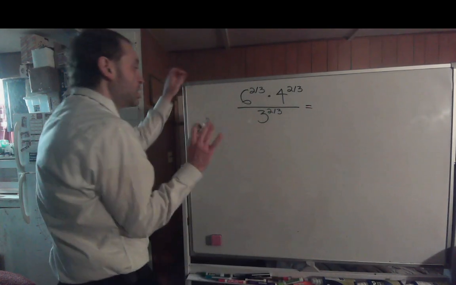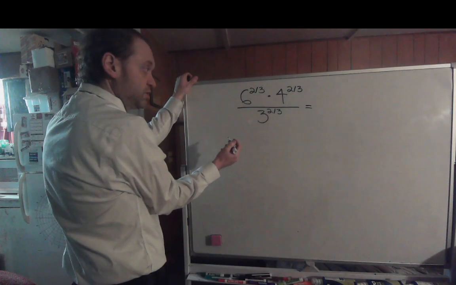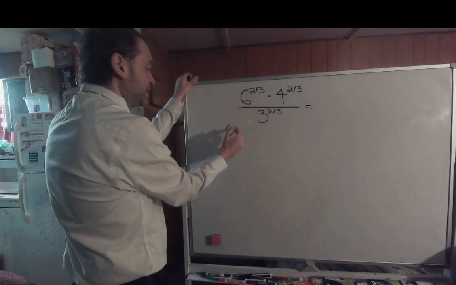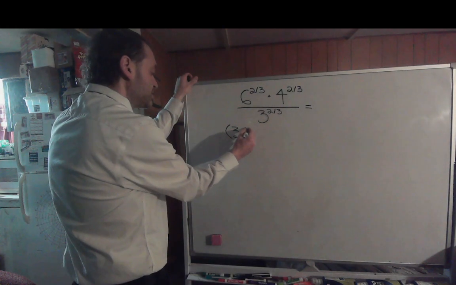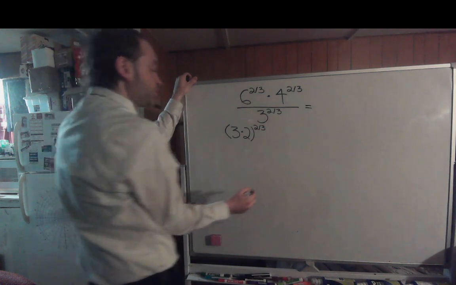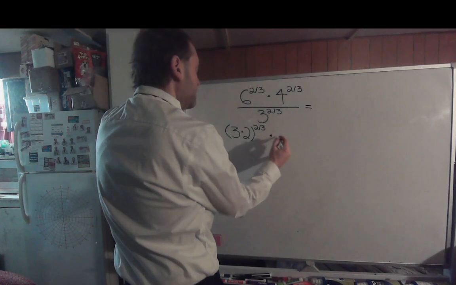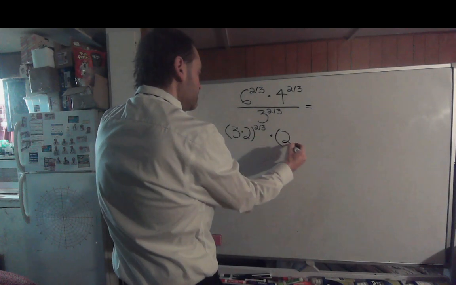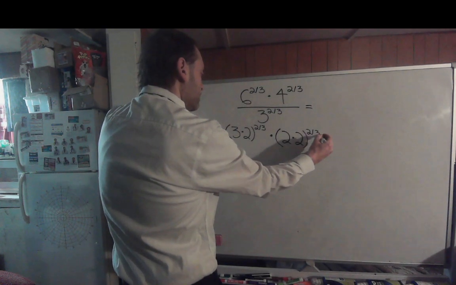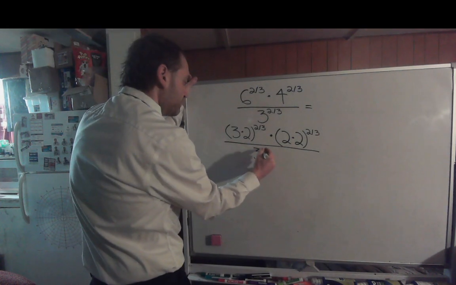So, what is 6, of course? 6 is 3 times 2, isn't it? So I can make that 6 the quantity of 3 times 2 to the 2/3. And then what is 4? That's just 2 times 2, right? You would have all that times the quantity of 2 times 2 raised to the 2/3 power. And then the 3 to the 2/3, there really isn't much we can do with that, unfortunately.